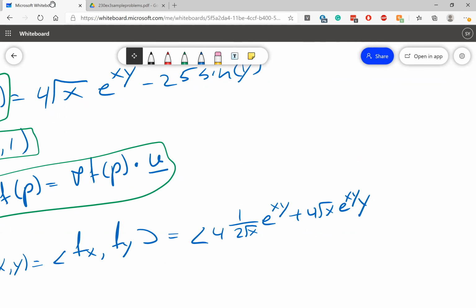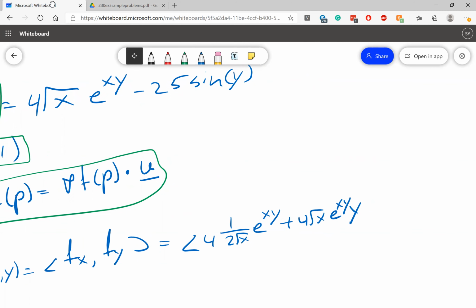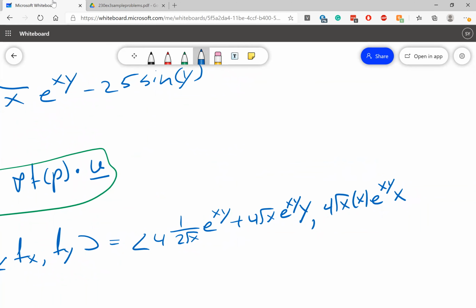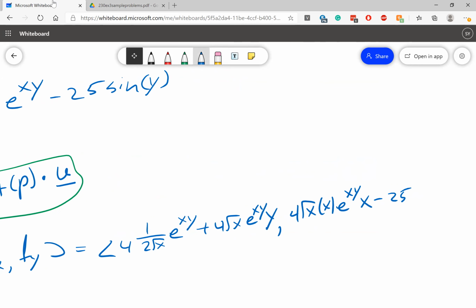Okay, and then for the second part, we will have 4 square root of x times x e to the xy times x minus 25 cosine of y.